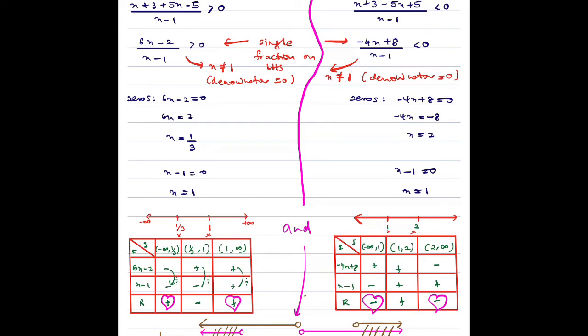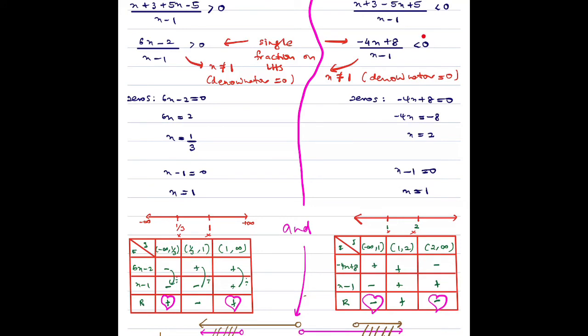This is the first table. For the second table we also have factors; find the zeros for each factor. These zeros divide the number line into three parts. We exclude 1 because when x is 1 it becomes something over 0, which is undefined. We also exclude 2 because we only want less than.